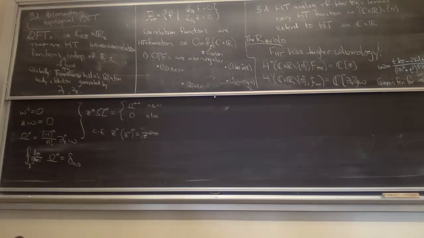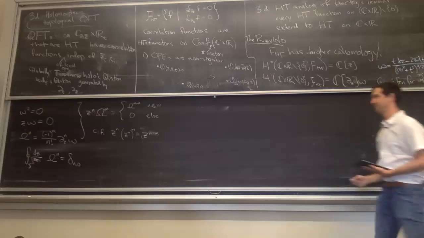the thing I was trying to get at here was that there are many different perspectives on what this cohomology can be realized as. There's this holomorphic topological differential forms on C times R, but it's also going to be sheaf cohomology of the structure sheaf of the raviolo. And that's the next thing I was going to say.